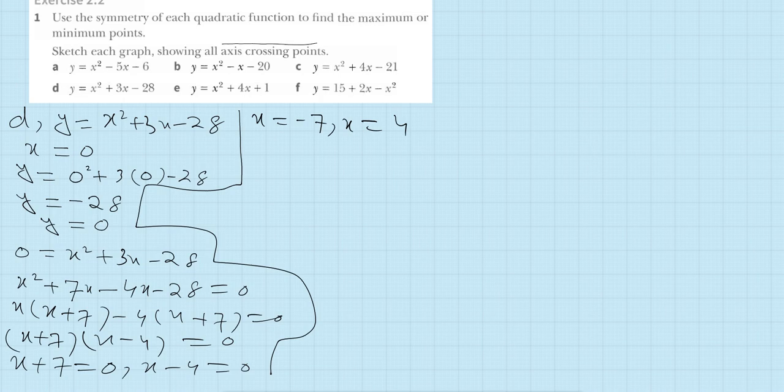Now write all axis crossing points. The first one is when x is 0, then y is minus 28. The second one is when x is minus 7, then y is 0. And the third one is when x is 4, then y is 0. So there are three axis crossing points: 0, minus 28, minus 7, 0, and 4, 0.